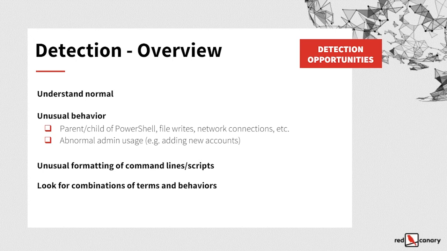That's because of the unusual formatting that tends to pop up a lot in malicious PowerShell execution. And the big key is you want to look for combinations of terms and behaviors, because if you just focus on one little piece, then you're probably going to have a bad time. You're going to end up getting lots of false positives.